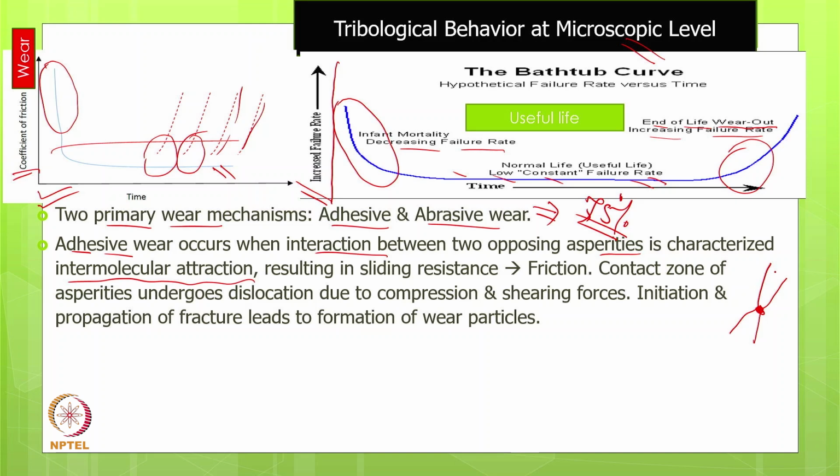The major issue comes, this is tau S1, this is tau S2, and this is tau interface. The major issue comes when tau interface is greater than tau S1, or tau interface is greater than tau S2. The reason: this is the shear strength of surface 1, shear strength of surface 2, and this is the shear strength of the interface. So this is a major issue.